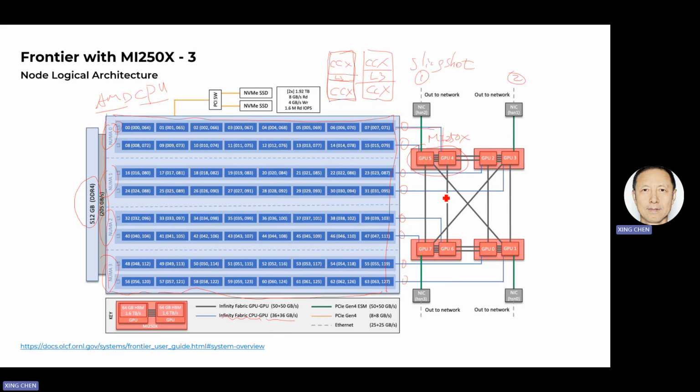And at the same time, you have Infinity Fabric between the GPUs, which is a 50 plus 50 gigabytes per second link. And then you have these PCI links. Here is for the storage, and here is for the Slingshot NIC. This is the logical architecture of the Frontier node.